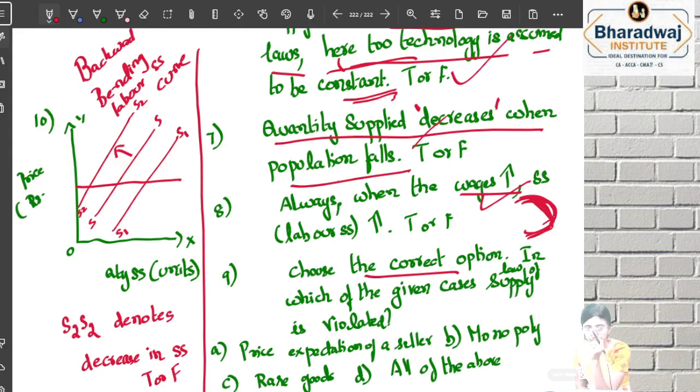Yes, come. What option do you take? Rare goods, okay. All of the above.